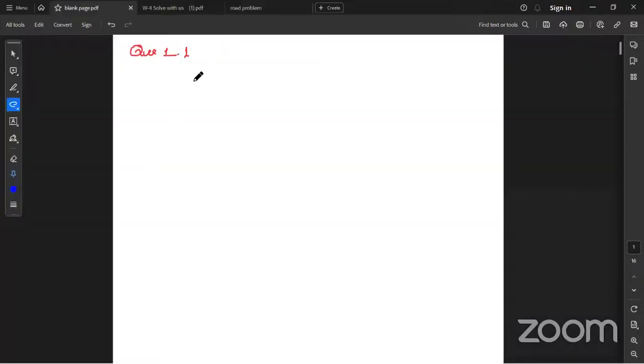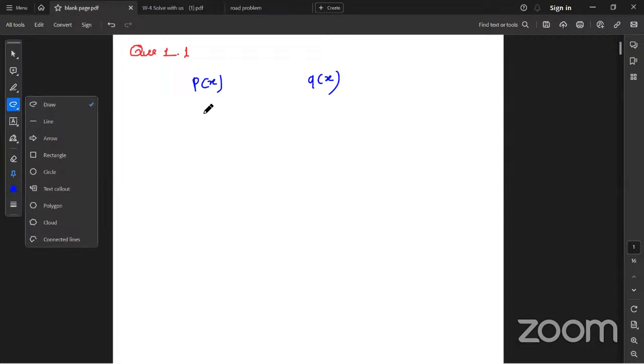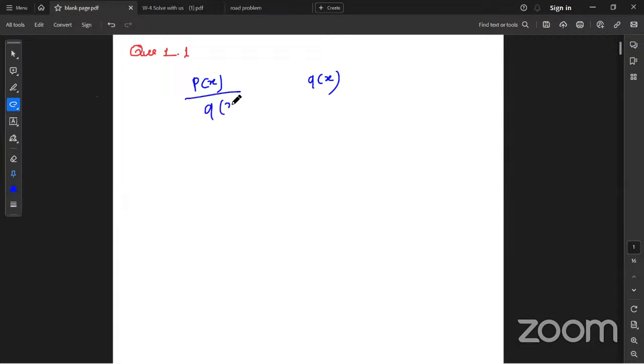Suppose you have a polynomial p(x) and another polynomial q(x), and you are dividing p(x) by q(x).